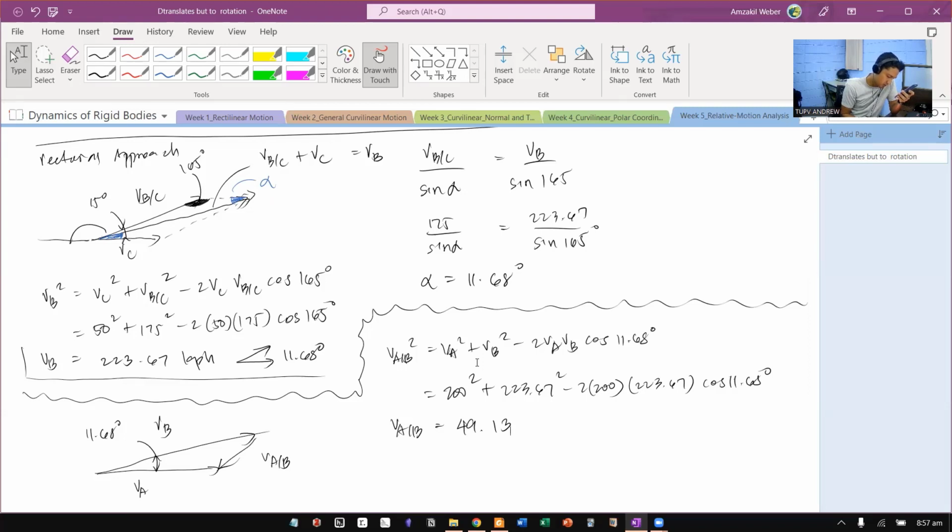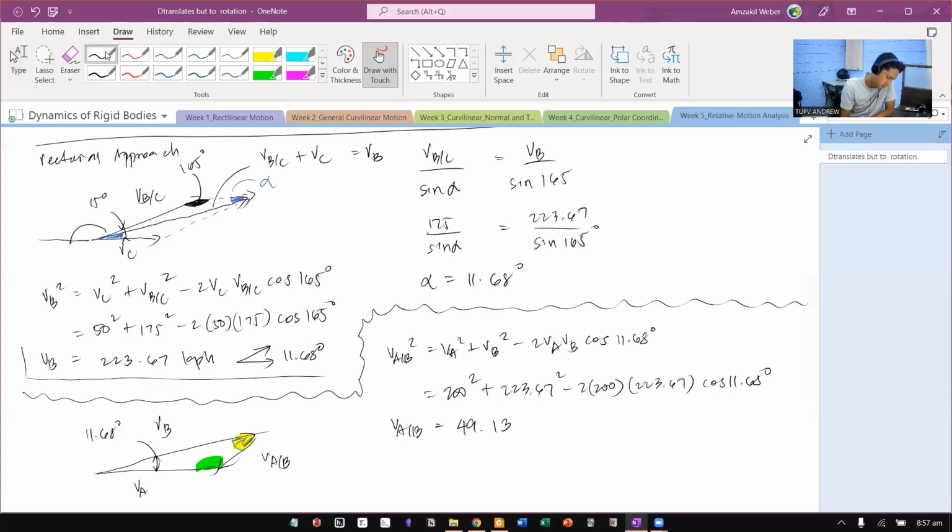Okay, so let's find this angle. Let's find the angle using two methods. The first one is the yellow part.